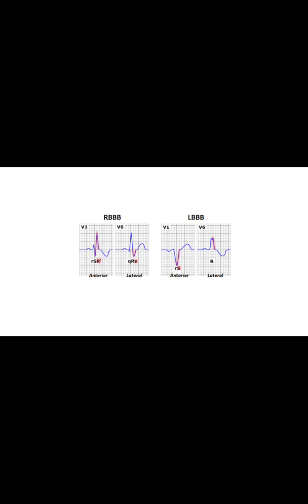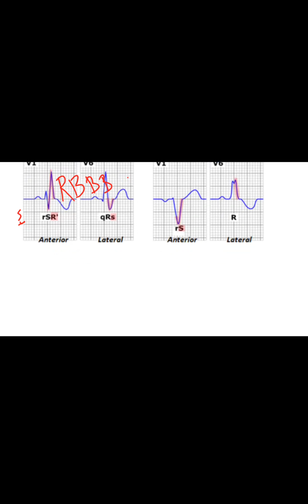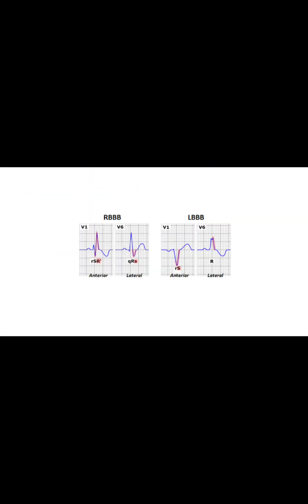Let's take one example, whether RBBB or LBBB. We'll take RBBB as an example. What is meant by right bundle branch block? Let's try to make it simpler. You have the SA node, and from the SA node the impulse comes to the AV node, and then it goes to the bundle of His and to the right and left bundles.